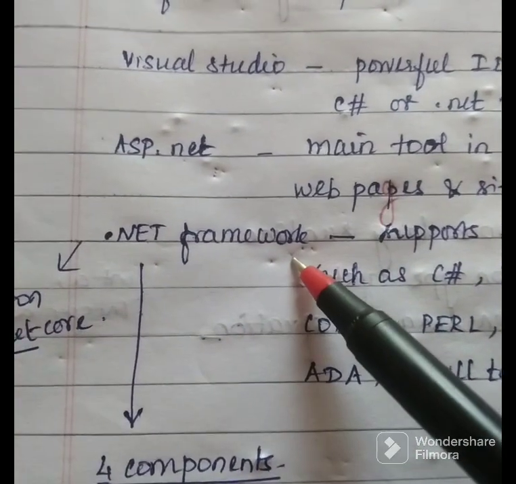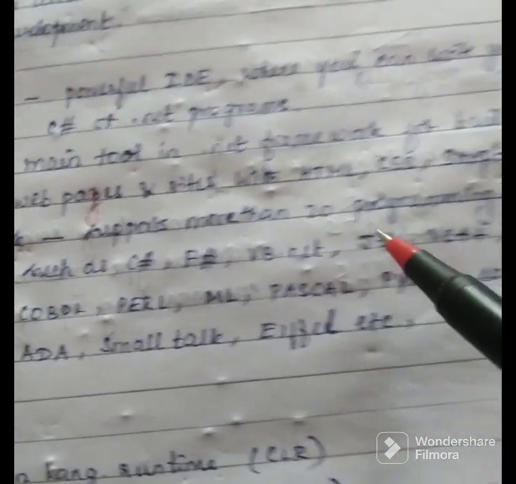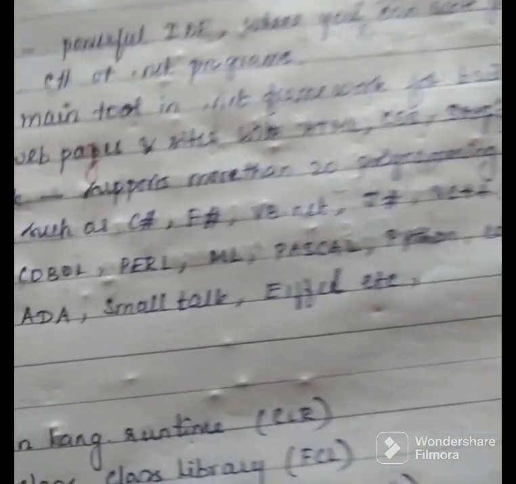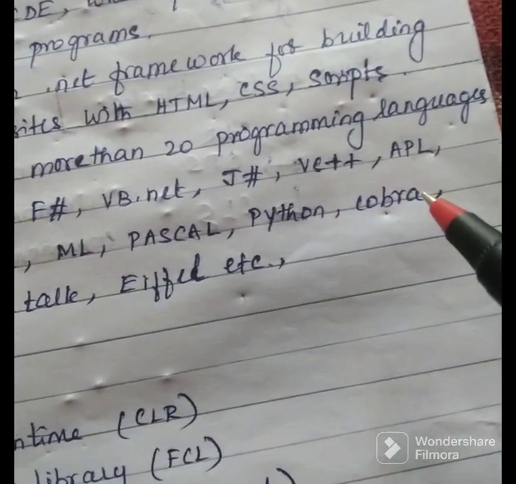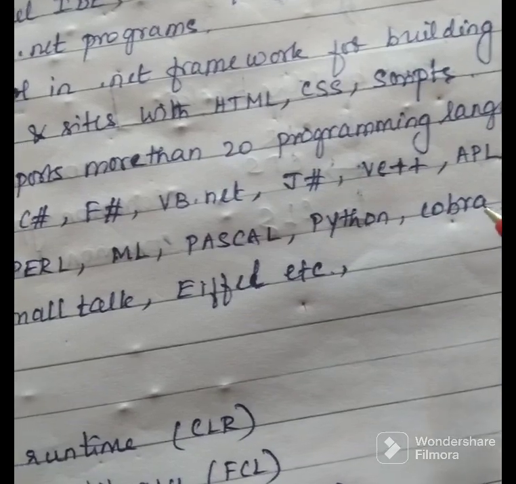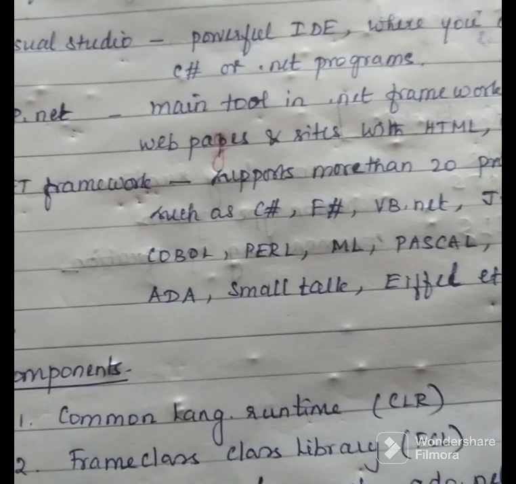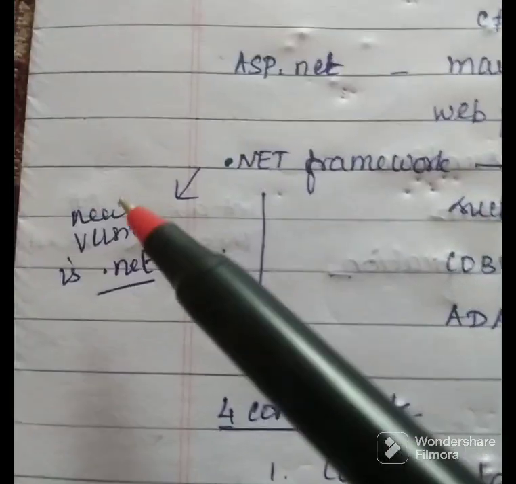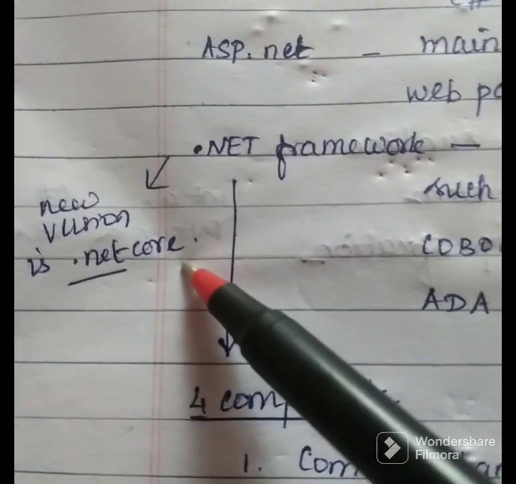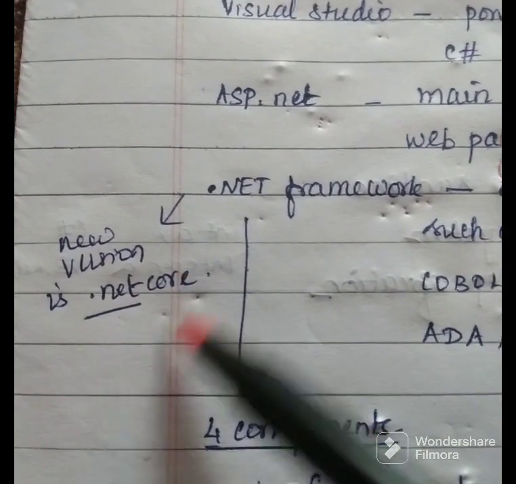Next comes the .NET framework. The .NET framework supports more than 20 programming languages, which include C#, F#, VB.NET, VC++, Python, Cobra, Pascal, ADA, Smalltalk, etc. This .NET framework is being replaced by a newer version called .NET Core, and .NET Core has more advantages than the .NET framework.